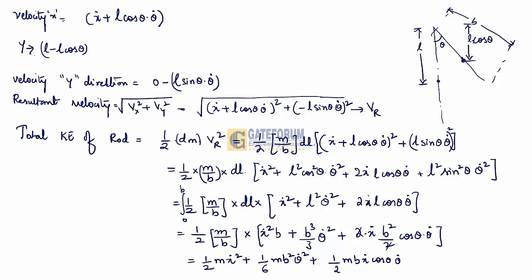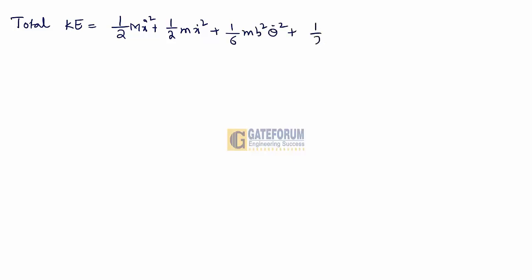Right? So total KE is equal to half into capital M x dot square, plus half into small m x dot square, plus 1 by 6 times m b square theta dot square, plus half times m b x dot cos theta into theta dot, which will be the total kinetic energy.